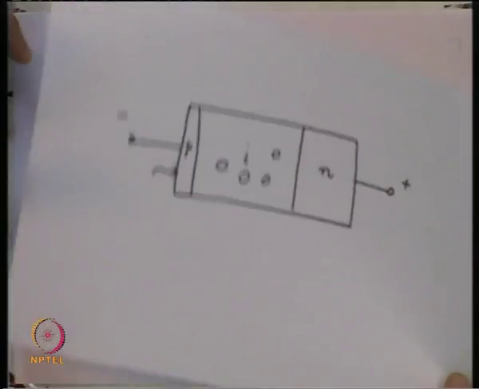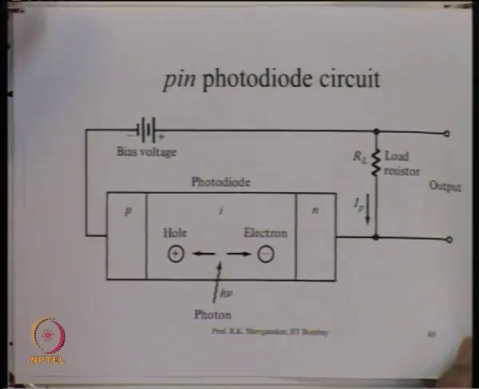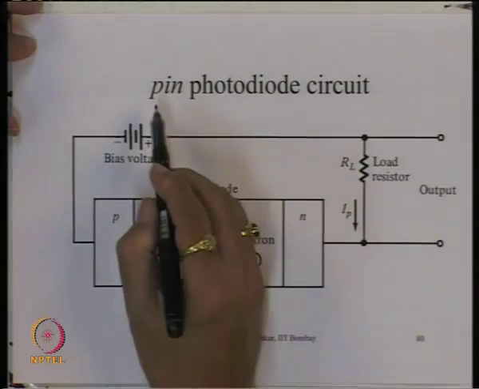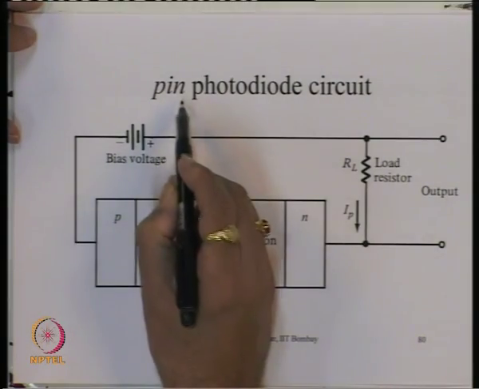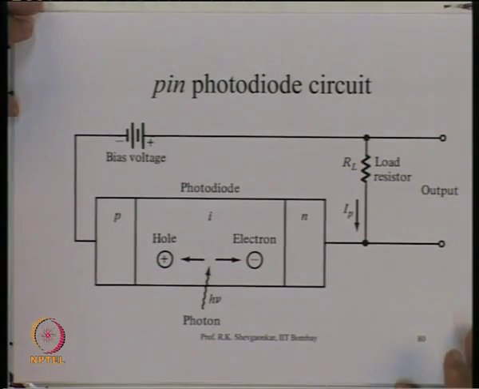So, the photodetector which is commonly used for detection of light is not the PN junction, but the PIN junction, and we call it the PIN photodiode or pin diode.